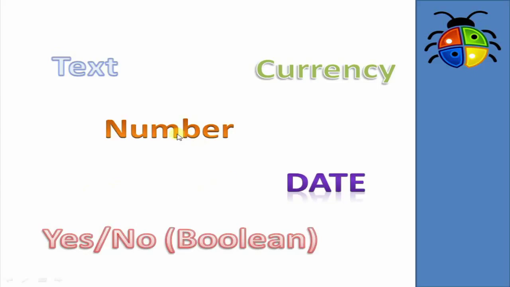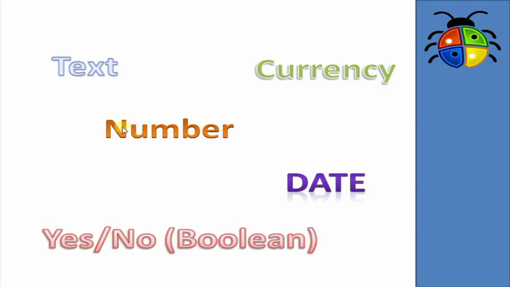The next one would be number. So a number can come in lots of different types. We're going to go through that a bit later on in this lesson. But generally speaking, a number will of course contain numbers in different formats.